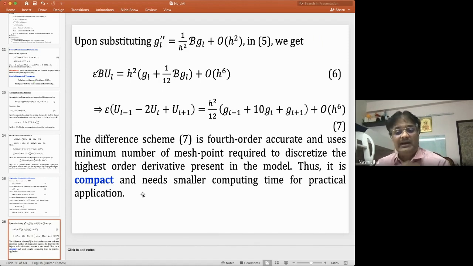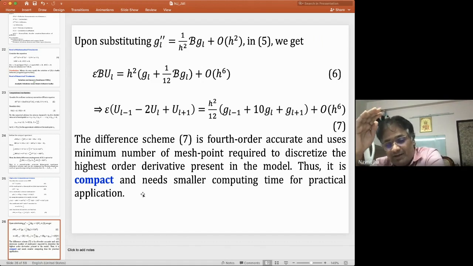So in total, we have 3 into 3, that is 9 points for our consideration. So in one dimension, it is 3. In two dimensions, it is 3 into 3, that is 9. In the same way, if you proceed to 3 dimensions, it is 3 into 3 into 3. So 27 points will appear in the formulation. In fact, only 19 points are required in a three-dimensional problem, but 27 points will be in the picture.